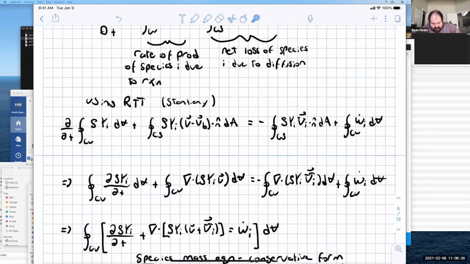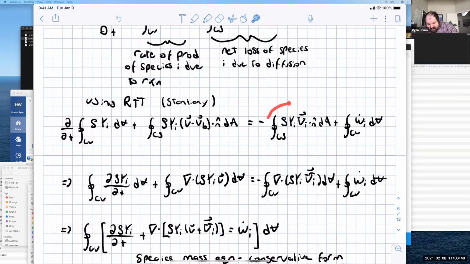And I'm going to use the Gauss divergence theorem here. And again, assume a stationary control volume, so the boundary velocity is 0. And so I use the Gauss divergence theorem on this term here, and I get the volume integral of the divergence of rho yi v, and that's just the species mass flux.